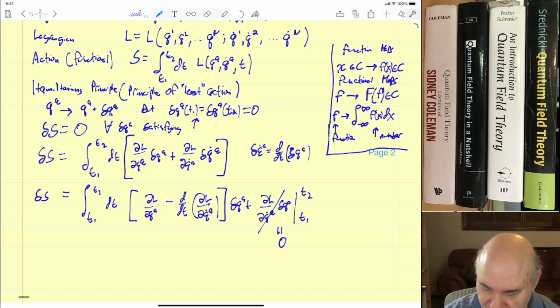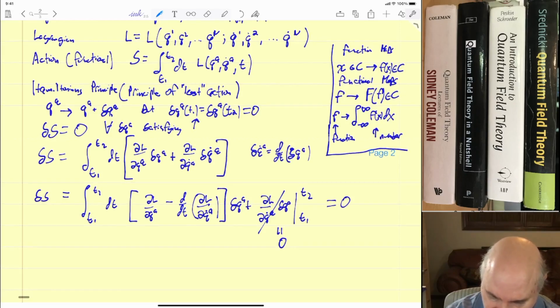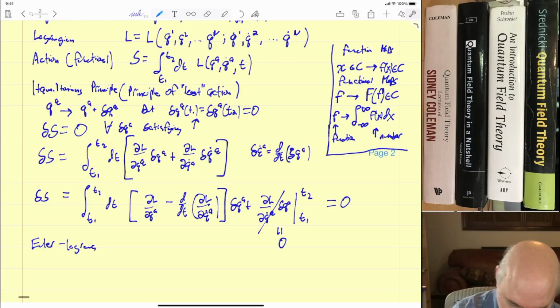So the only way the whole thing can be equal to 0 for all del q^A is for the thing in brackets to vanish. So now we get the Euler-Lagrange equations of motion.